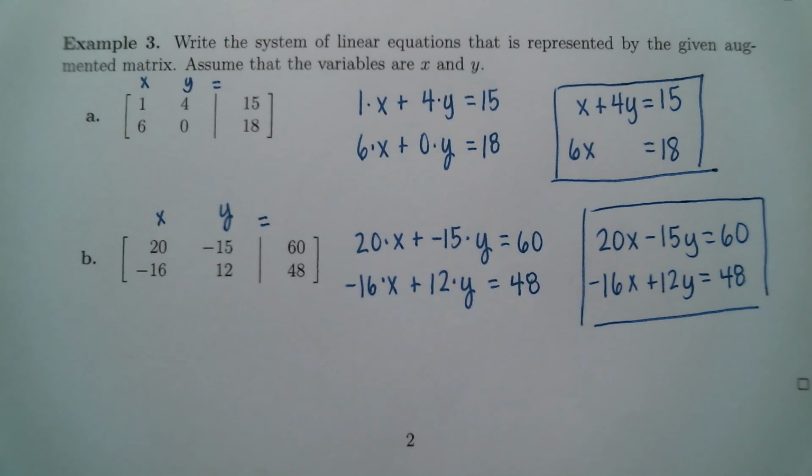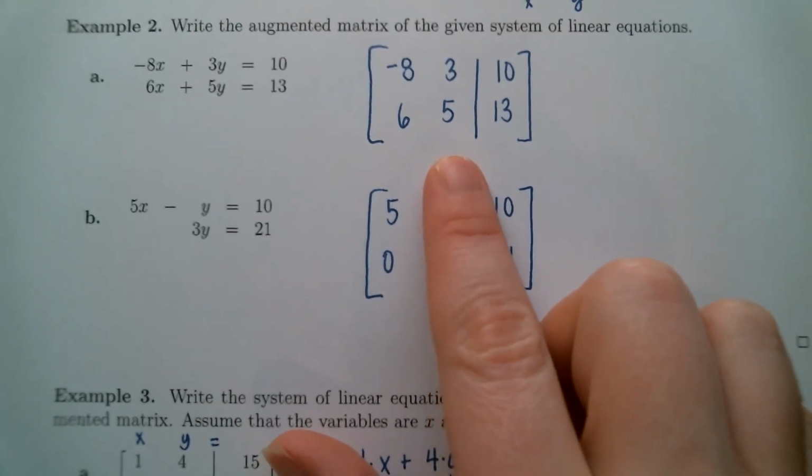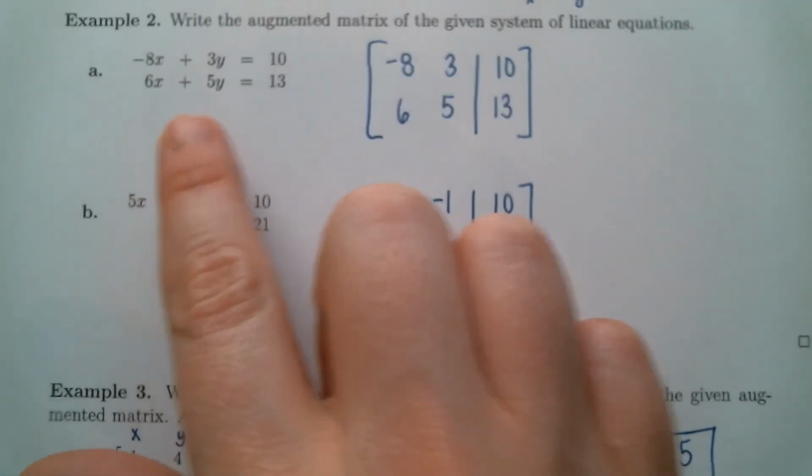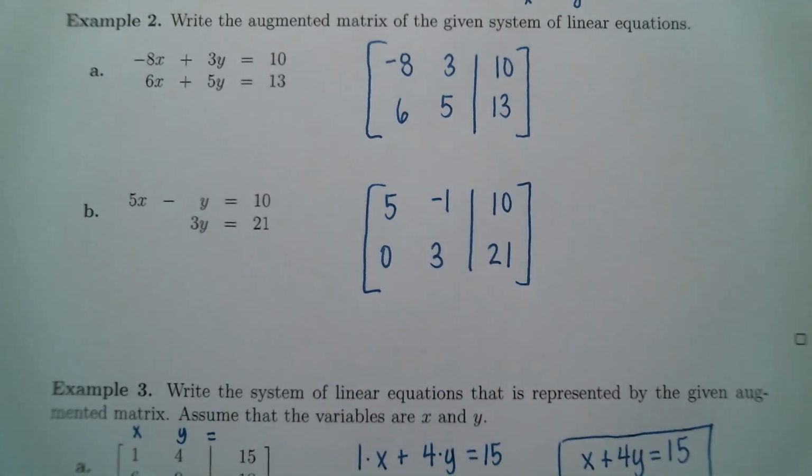All right, so now what we're going to do is talk about, once you have your initial augmented matrix, you go from the original system to the first augmented matrix, the operations you can perform on your augmented matrix. So here we go.